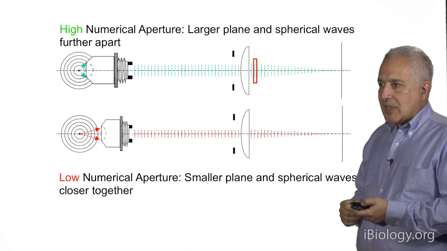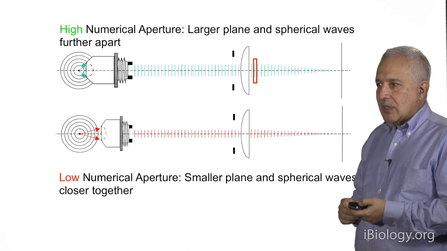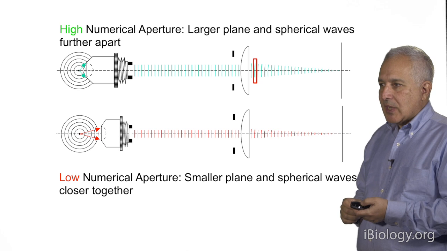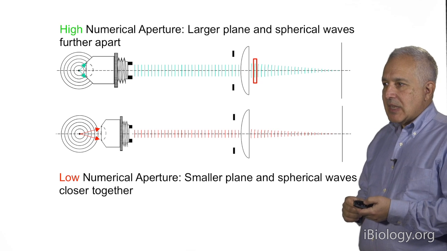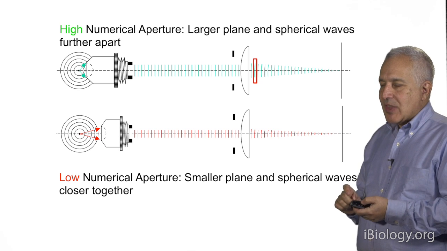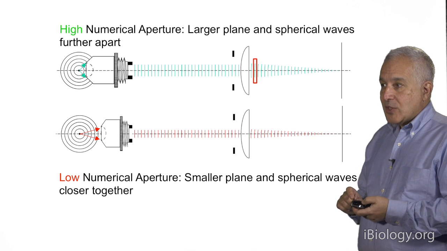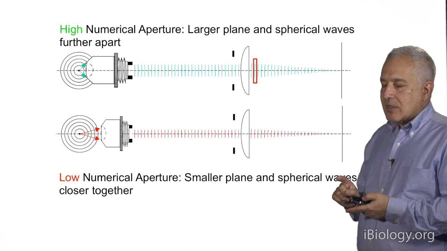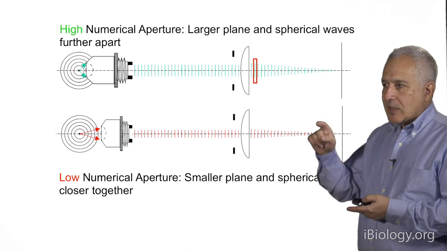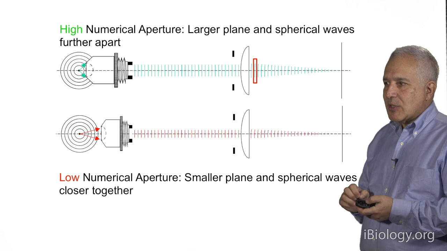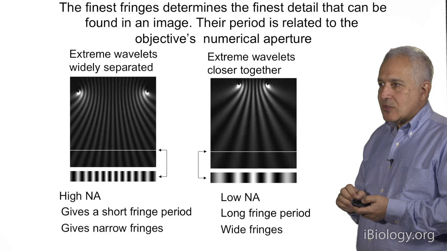With a lower numerical aperture lens, you have a smaller amount of the spherical wave collected, and the edges of that spherical wave are very close together relative to a high numerical aperture lens, where the most extreme parts of the spherical wavelet that's converging are far apart from each other. And that turns out to be the critical feature for resolution, as you'll see.